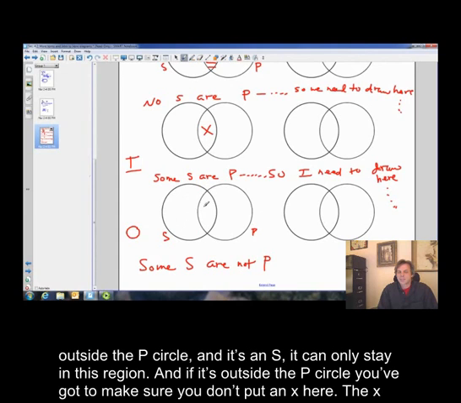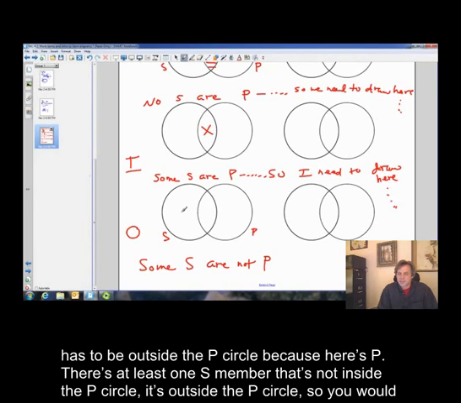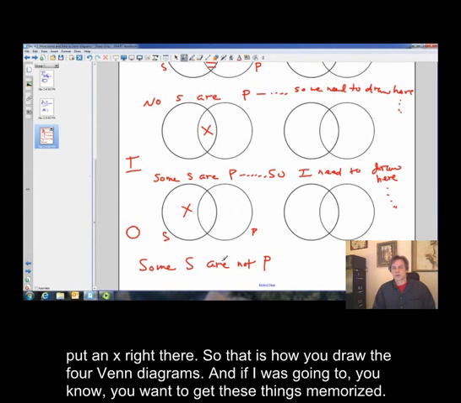And if it's outside the P circle, you've got to make sure you don't put an X here, right? The X has to be outside the P circle, because here's P, right? There is at least one S member that's not inside the P circle. It's outside the P circle. So you would put an X right there. Okay? So that is how you draw the 4 Venn diagrams.